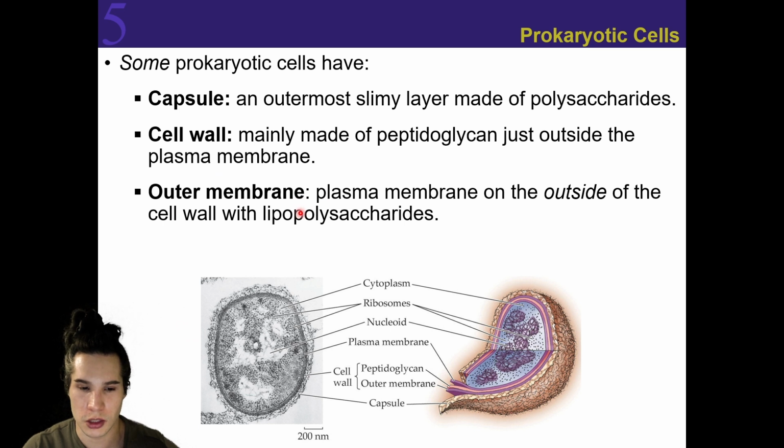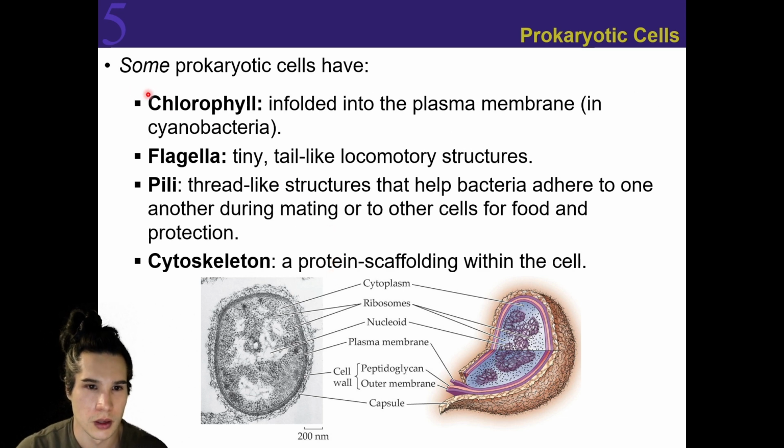So that's an additional membrane on the outside of their cell wall, with lipopolysaccharides. So we have the cell membrane and then the cell wall over that, and then outside of that is the outer membrane in some bacteria or prokaryotic cells.